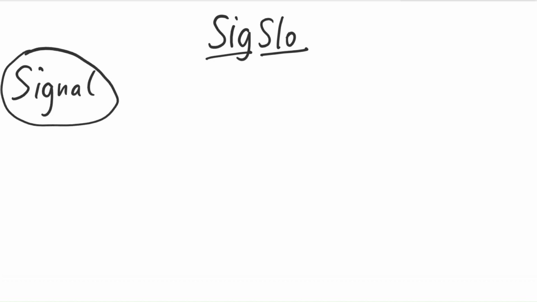SigSlo is a word that consists of two shortcuts. This is a signal and a slot. So there's a signal. And a signal basically is an event. And on the other side, you see a slot, which is a place where you can put some data to.